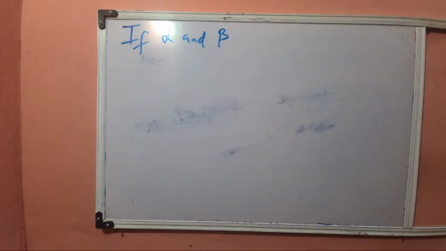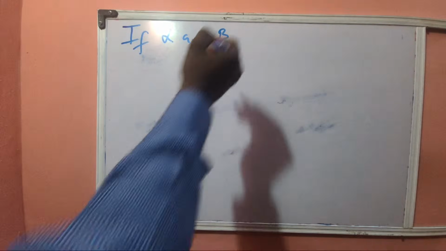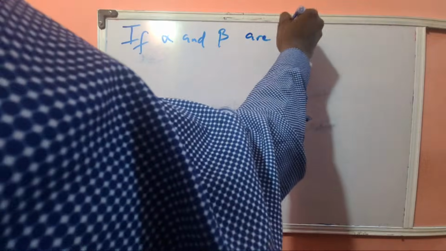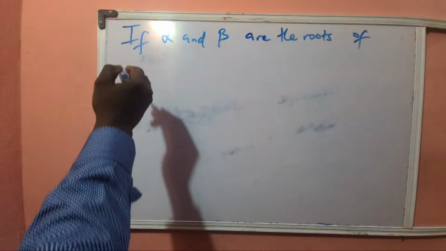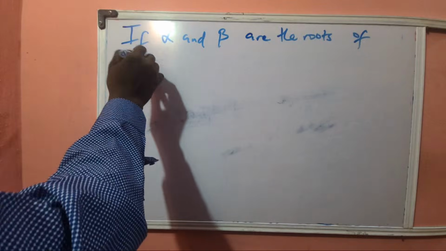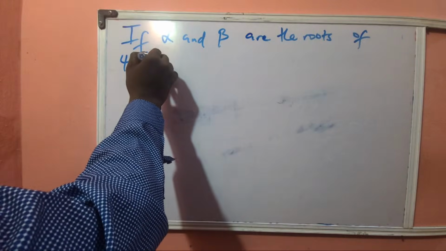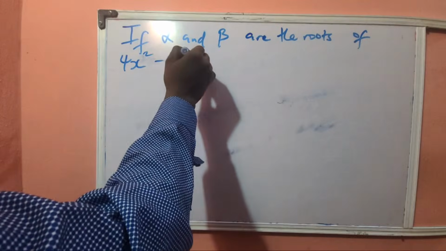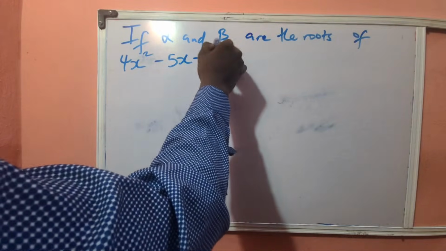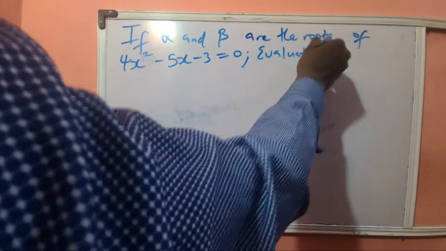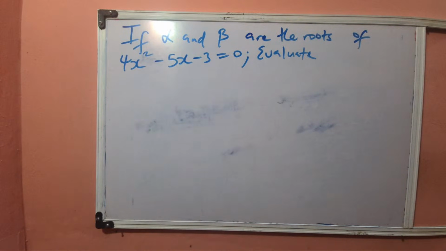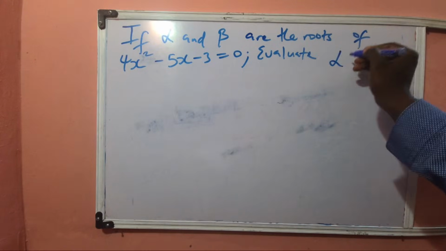It's actually very simple. So this particular question said if alpha and beta are the roots of this equation, 4x squared minus 5x. I'm sure we all have our notes and we're taking good notes. I'm very sure of that because I know you guys are great students and you know the importance of having a good note.